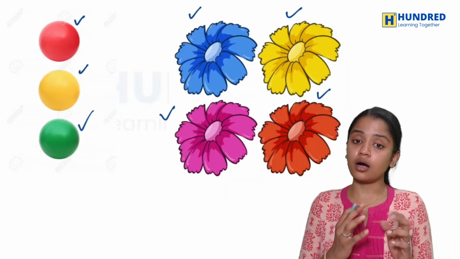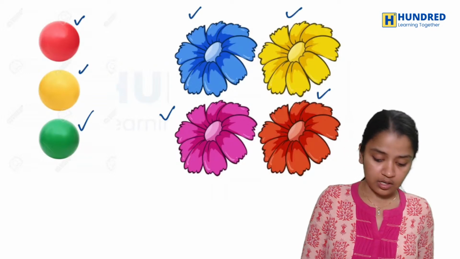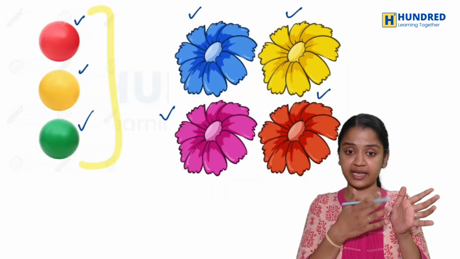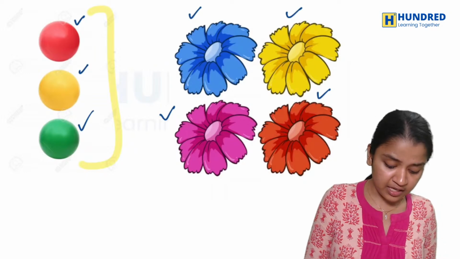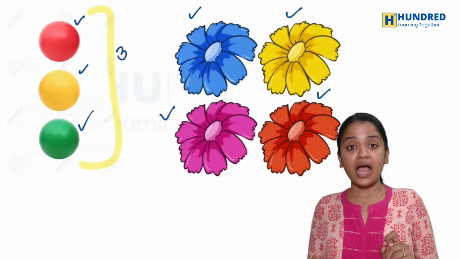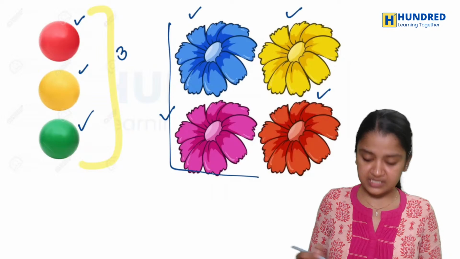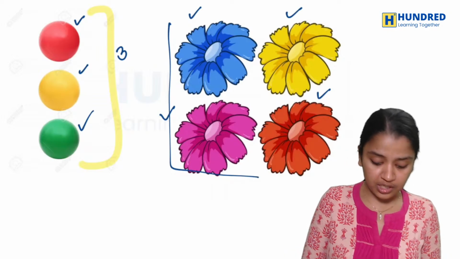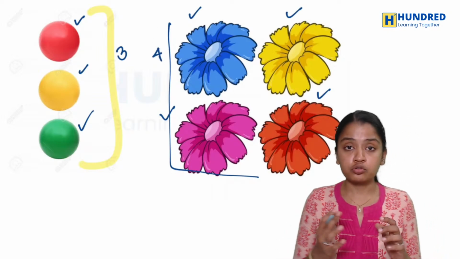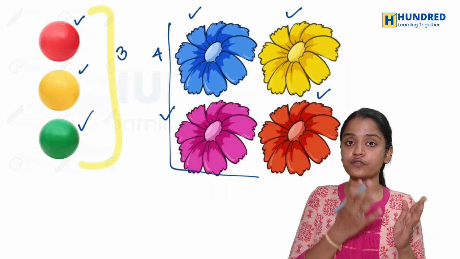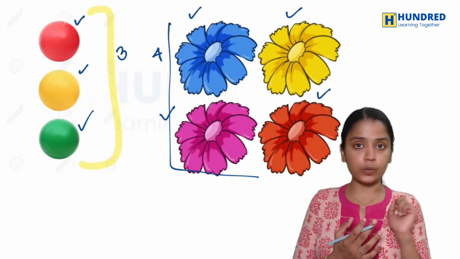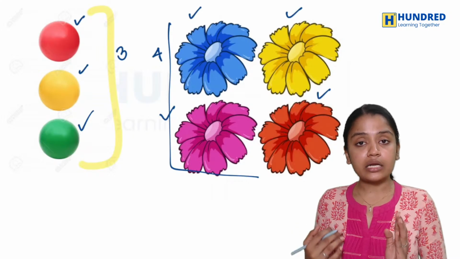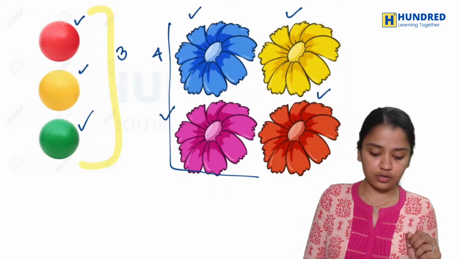How many objects are there on this side? You have 3 objects on this side, and 4 objects on the other side. So the selection of the balls can be done in 3 ways, and the selection of the flowers in 4 ways.